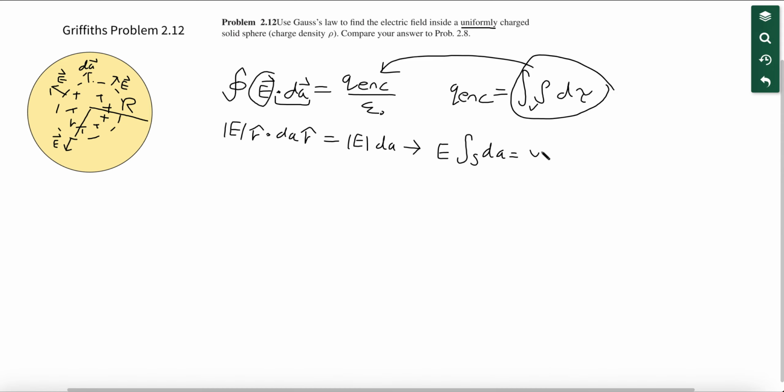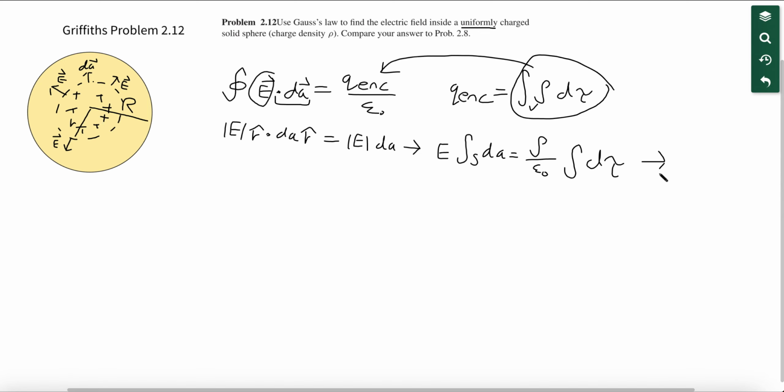So we're left with rho over, remember not to forget the epsilon naught down here, times the volume of the solid sphere that's enclosed within this Gaussian surface.